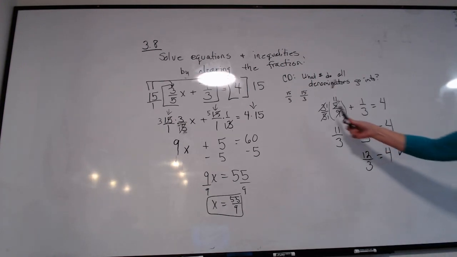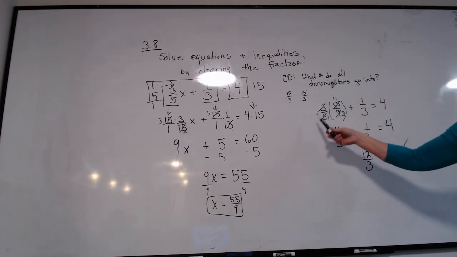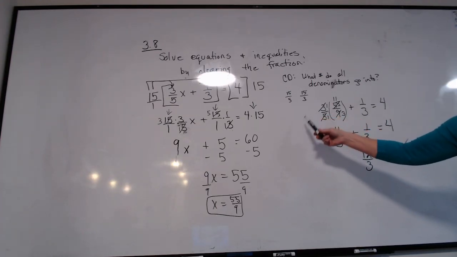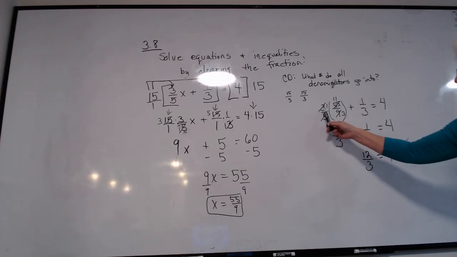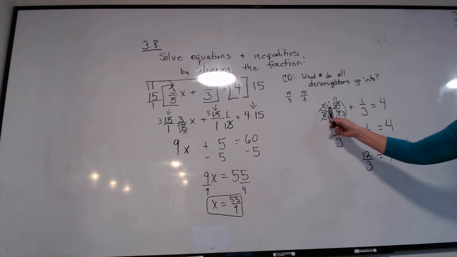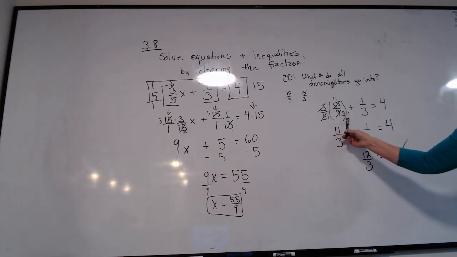Now this is reminding you, you have to go back and do a check. When I'm multiplying, you can cross reduce. That means I know a 3 goes into this number and a 3 goes into this number. So I reduce it. 3 goes in there once, 3 goes in here 3 times. Then check, do these have anything?